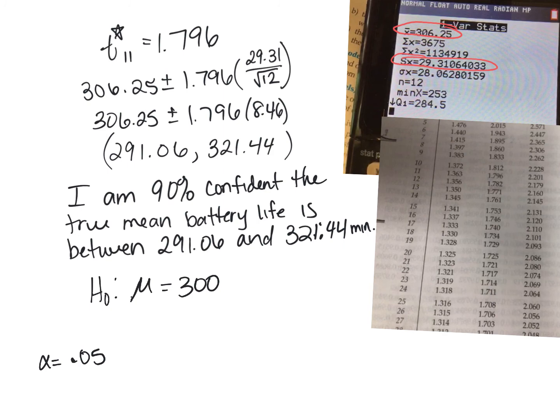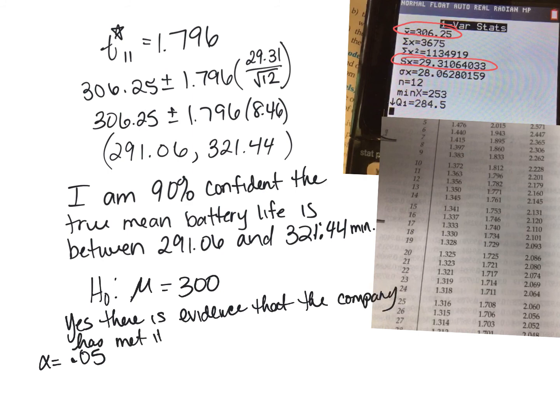Yes, 95% would be 0.025. Yeah, 2.5%. Okay, so yes, there is evidence that the company has met its goal because 300 minutes is within our interval.